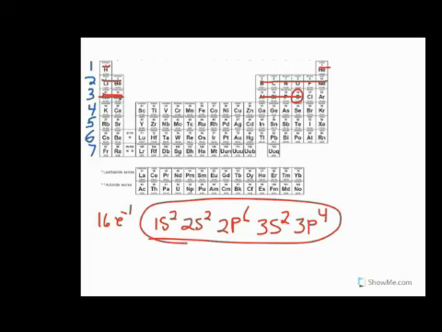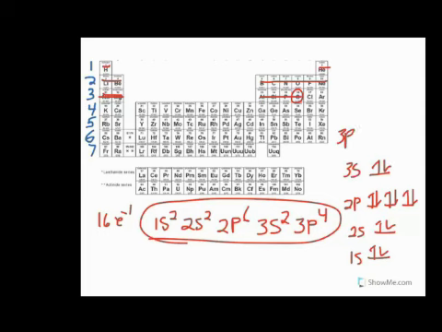Then we would just start here and put 1s, 2 electrons, 2s with 2 electrons, 2p with 6 electrons. I fill them singly, then doubly. Always do that. You'll never make a mistake if you do it that method. 3s with 2 electrons, and the 3p with how many?